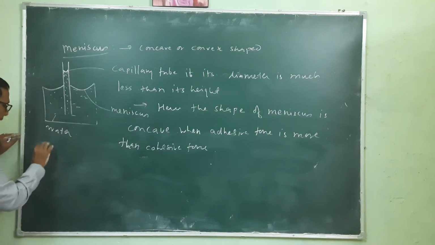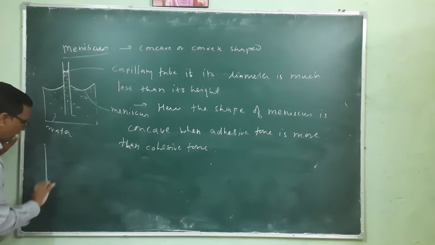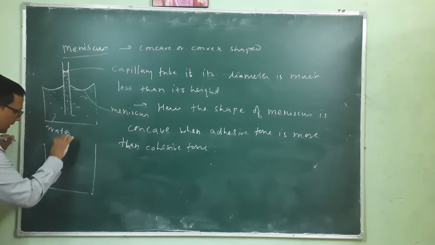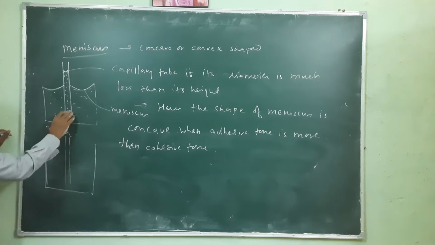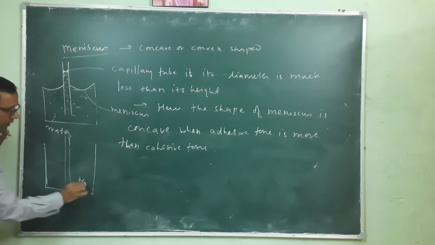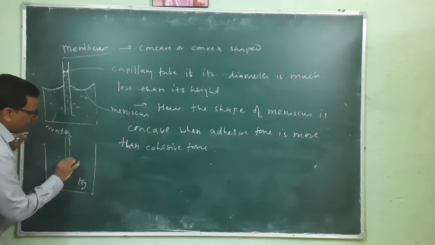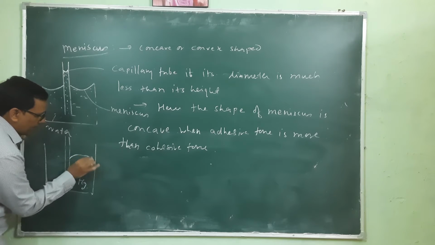This is water. Now in place of water, if we keep a capillary tube and use Hg, mercury, then the meniscus will be like this.